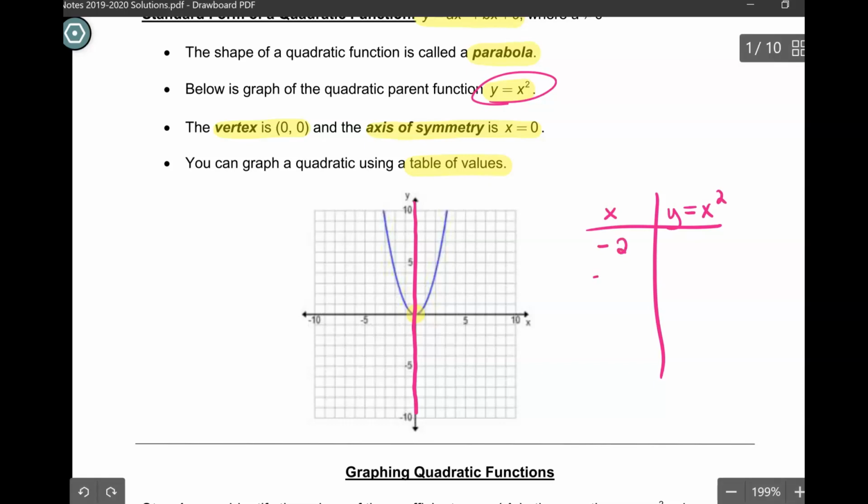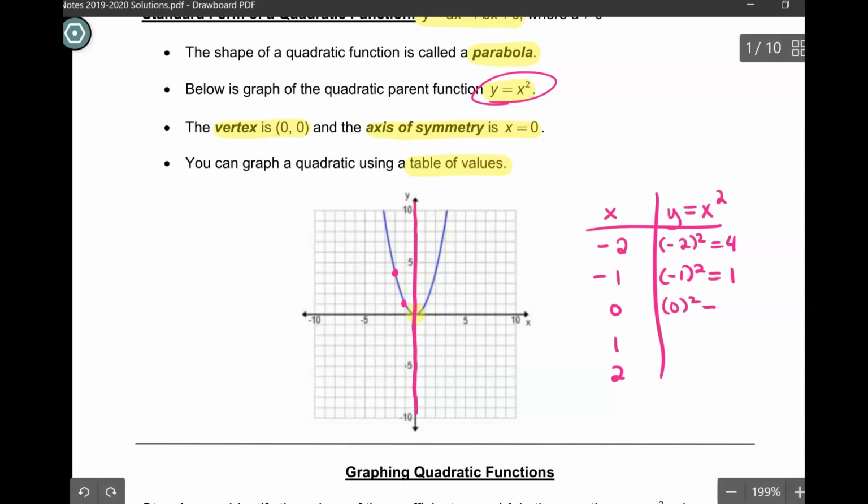So if I plugged in -2, -2 squared would give us 4. So if I look on my graph, -2, 4, that's a point right on that graph. If I plug in -1, I square it, I get +1. So you'll notice the point -1, 1 is right there.